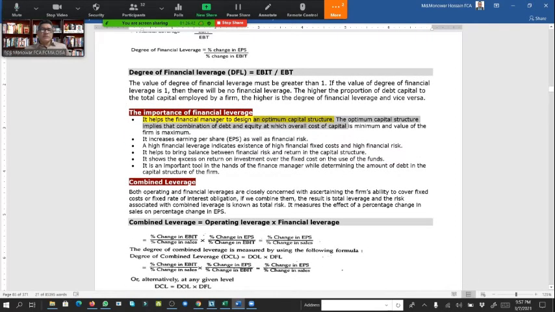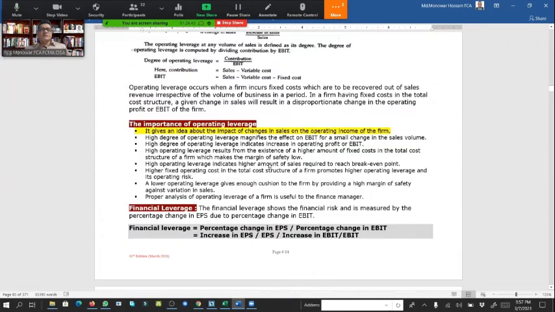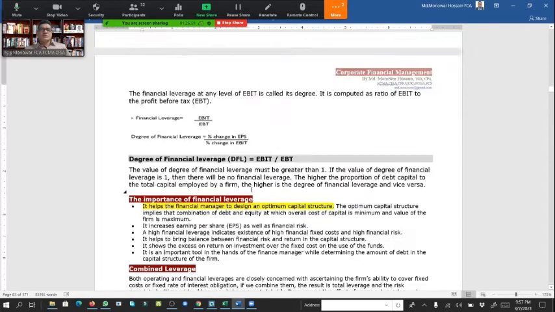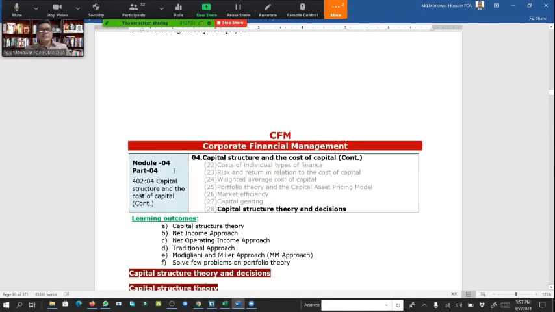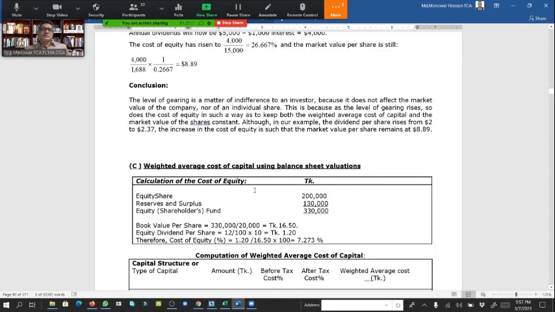So there are huge benefits here. Also the formula is a different way. With chapter 4, another item, capital structure theory and decision, is remaining. We'll discuss it in the next class.